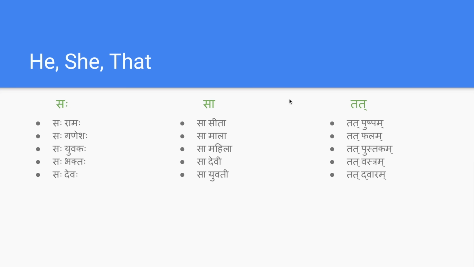And the exercise is we can use saha, sa, tat, and you can say any name or item after that. To begin with we can take your friend's name.